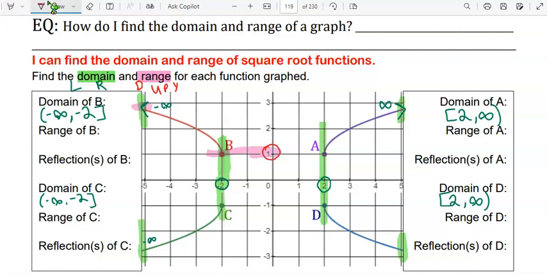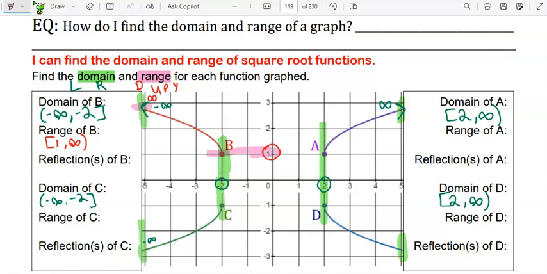So it starts at 1 and then the highest goes up forever. That would be positive infinity. So the range would be from 1 to infinity. We also include the 1 again. That is a point on the graph.